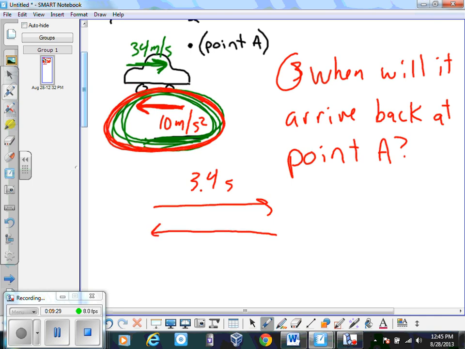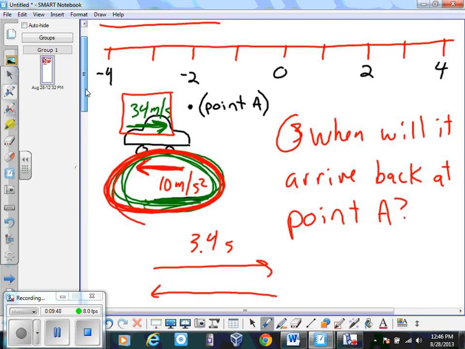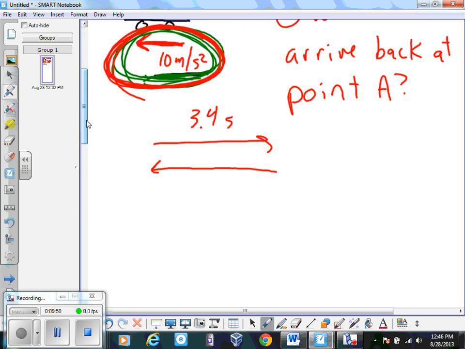Well, if the rate of change is continuous, and as you know, the average velocity will be the same going as it is coming, except in opposite directions, it should take the same amount of time to have the same displacement. We kind of talked about that on the last video. So it would take 3.4 seconds to go back. So 6.8 seconds is when your car will arrive back.